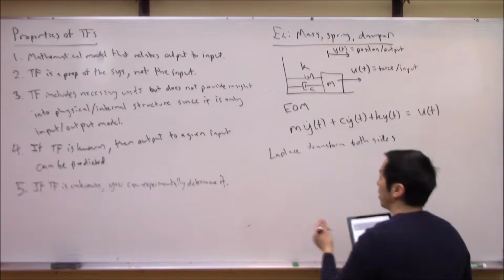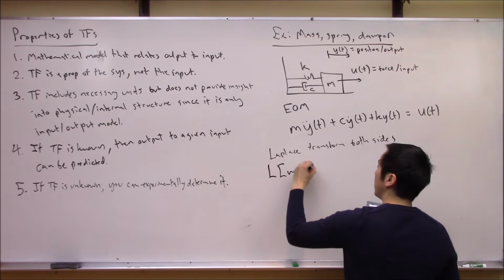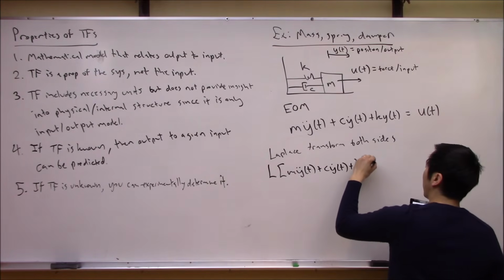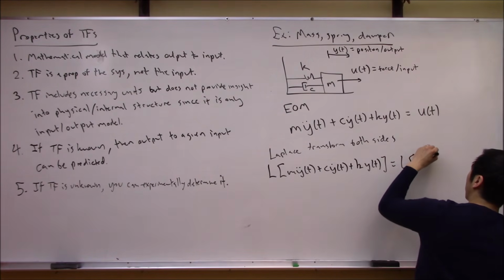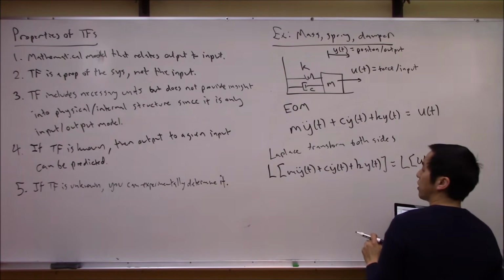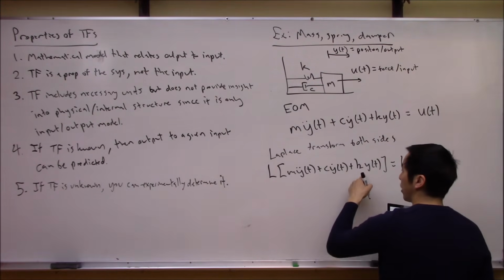I need to take the Laplace transform of m y double dot of t plus c y dot of t plus k y of t is equal to the Laplace transform of u of t. I don't know what the input is yet, so we're going to keep it general. Again, let's do that same trick we did earlier and distribute the Laplace through to each of these terms.